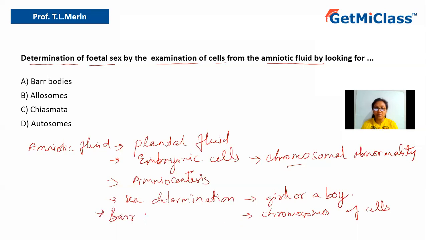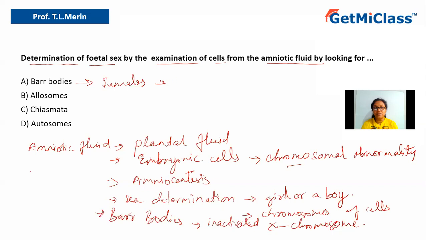What do you mean by bar bodies? Bar bodies are nothing but the inactivated X chromosomes. This is so as to compensate the dosage of X chromosome, because in females there are two X chromosomes, so the dosage of X chromosome may become high.